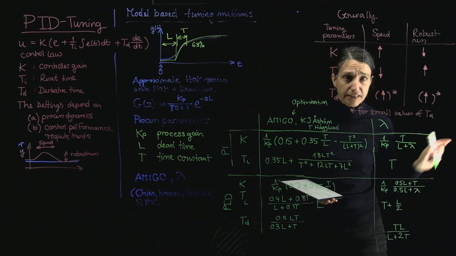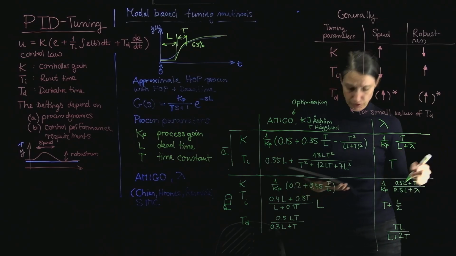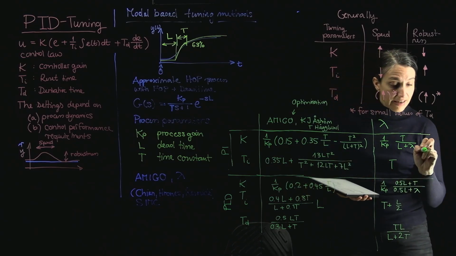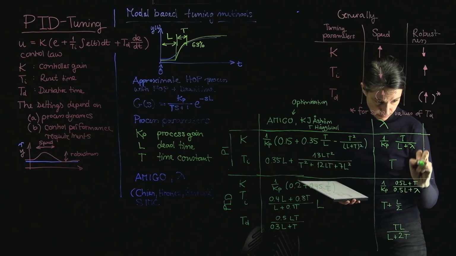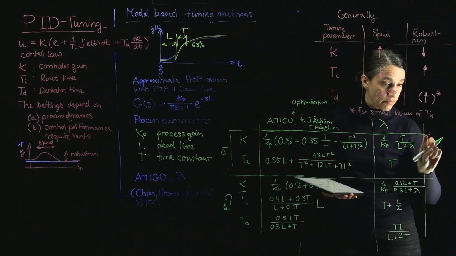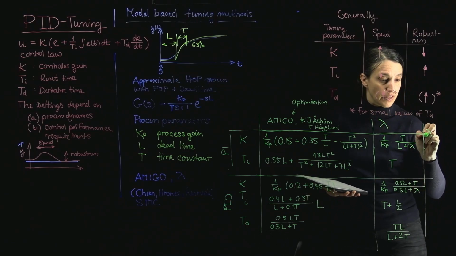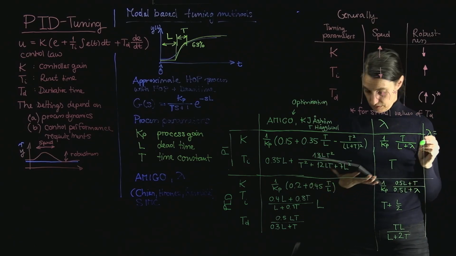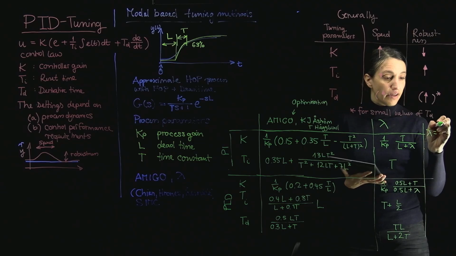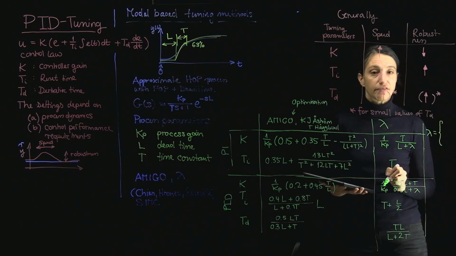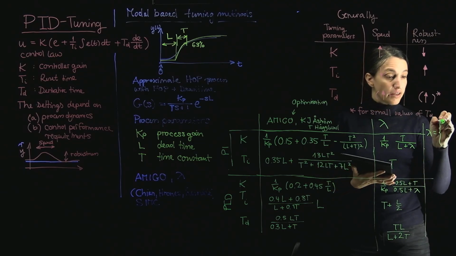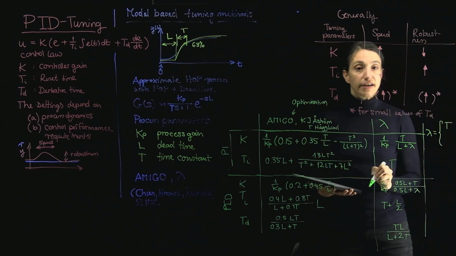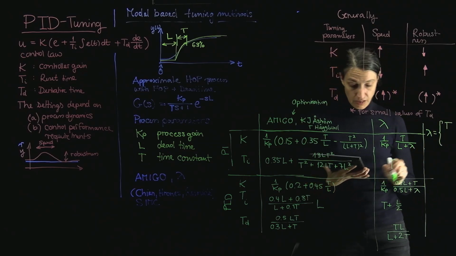I have some more space on this board. So lambda is chosen depending on what kind of tuning you would like to have. So lambda can be T if you would like to have aggressive tuning.